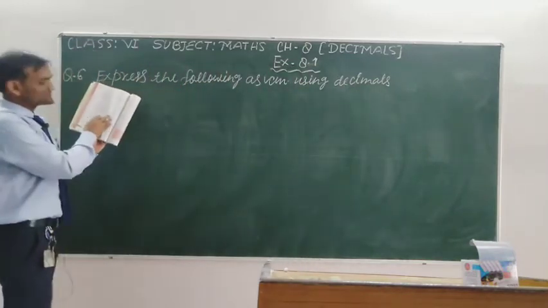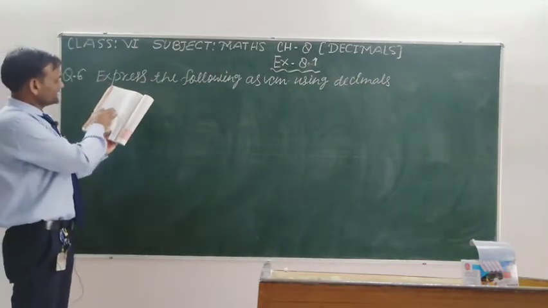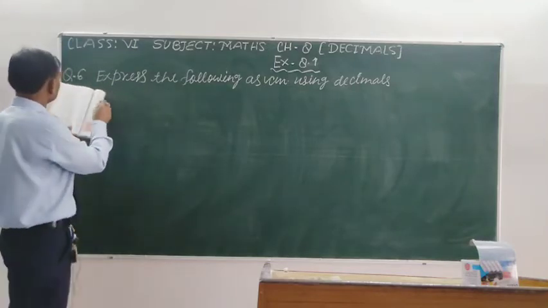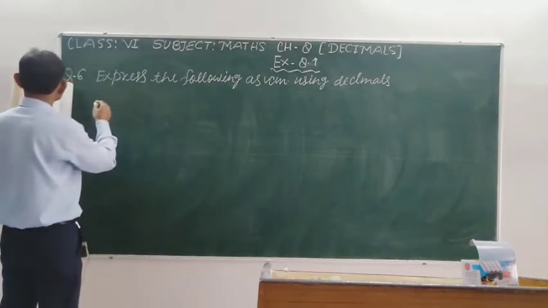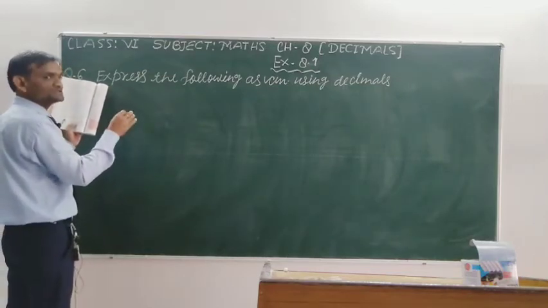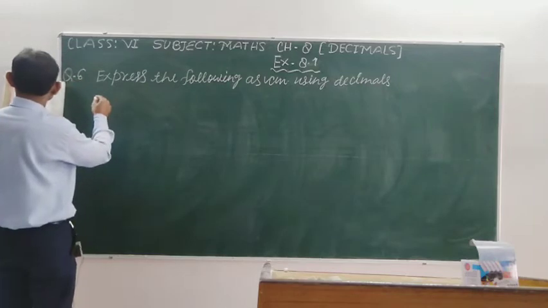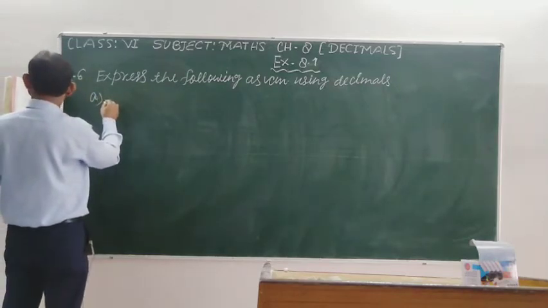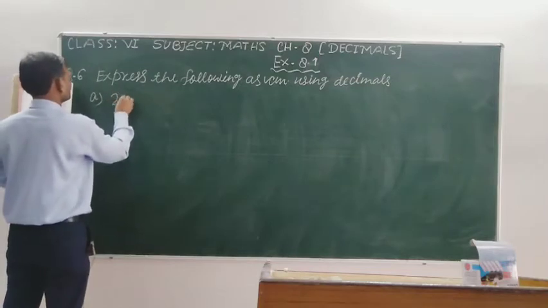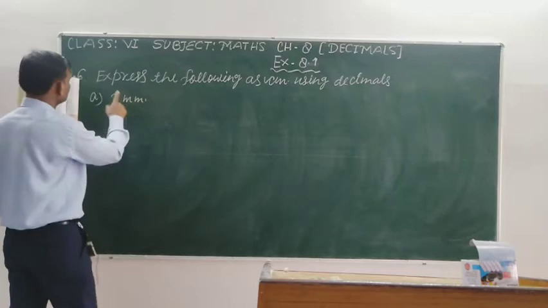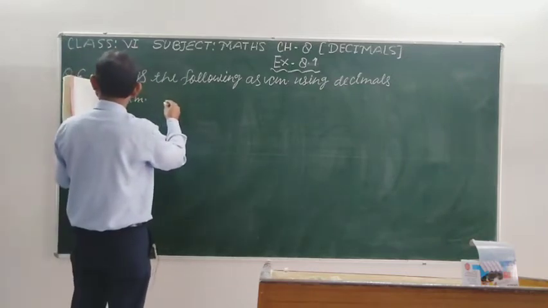Student, there are many parts given in this question, but here I am taking only 3 parts, which are the most important, and the remaining parts are homework for you. Part A is 2 millimeter. mm is the short form of millimeter.